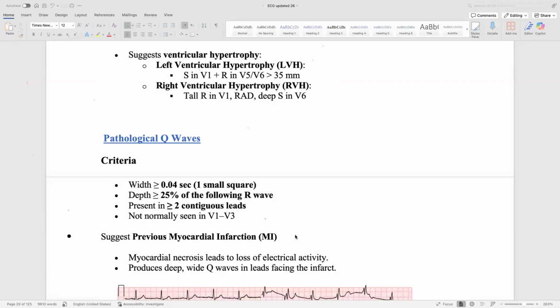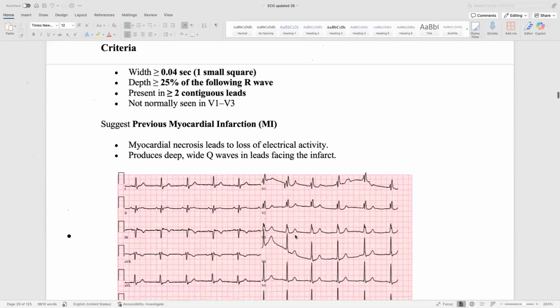All right, Q wave. There is a normal Q wave. When we are talking about Q wave, we are talking about the pathological one. Is there any Q wave in this ECG? Which lead? Lead 2, very good. Lead 2 is deeper.